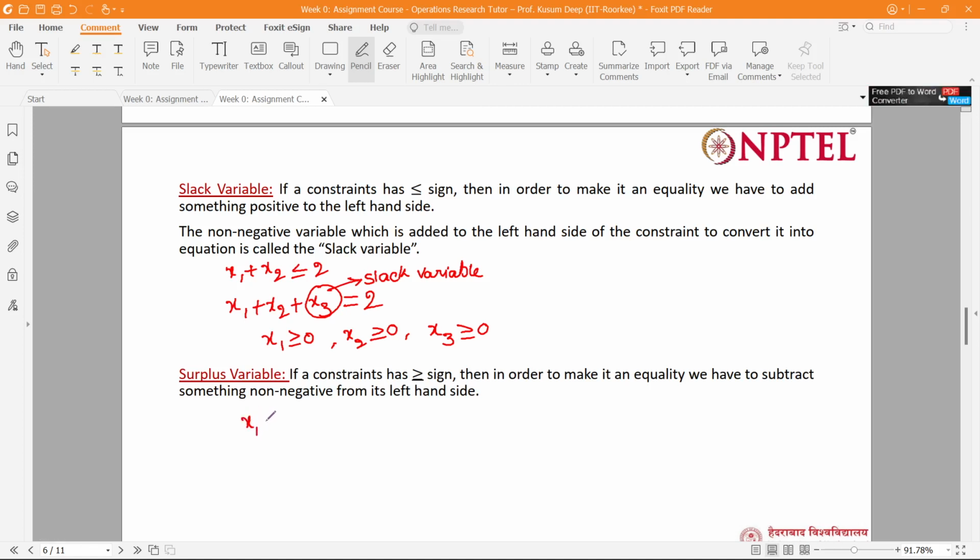For example, we have x1 plus x2 greater than or equal to 4, which is a greater than or equal to type constraint. Then to make it into an equation, we have to subtract a quantity, which is called a surplus variable. So here it is a surplus variable.